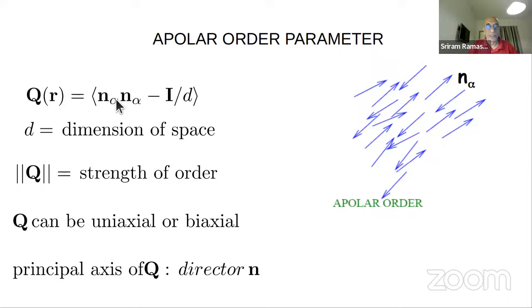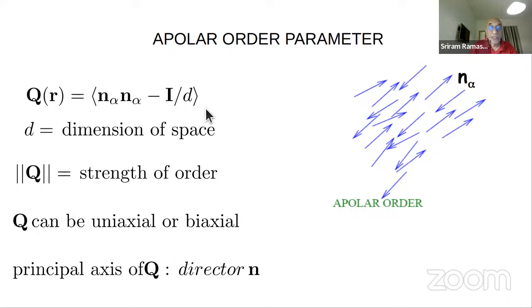Just look at this expression. n alpha n alpha is a tensor whose ijth component is n alpha i times n alpha j. n alpha is the unit vector associated with particle number alpha. n alpha tensor n alpha is a second rank tensor, which, if these are locally on average aligned along some axis, will be different from the unit tensor divided by the dimension of space.